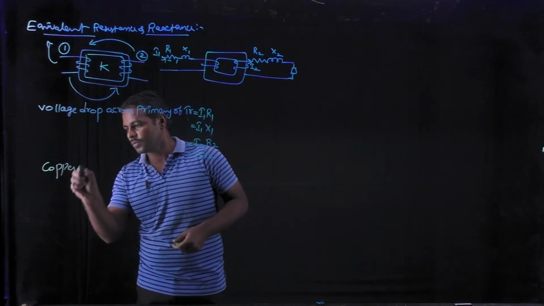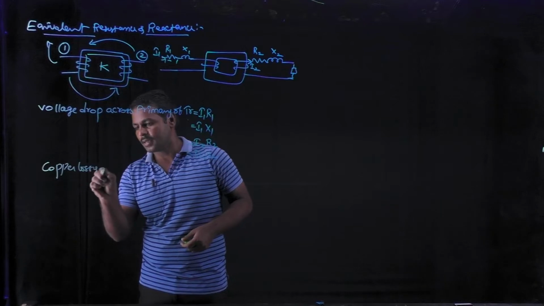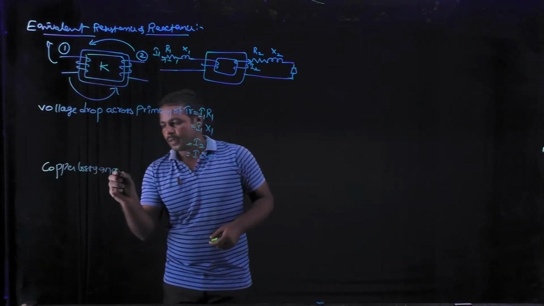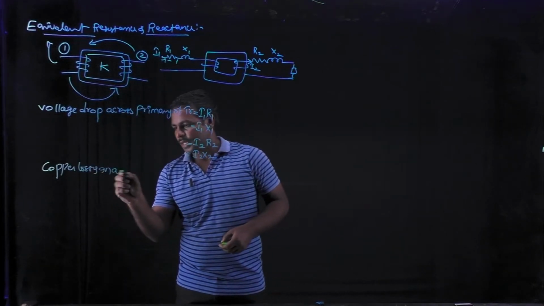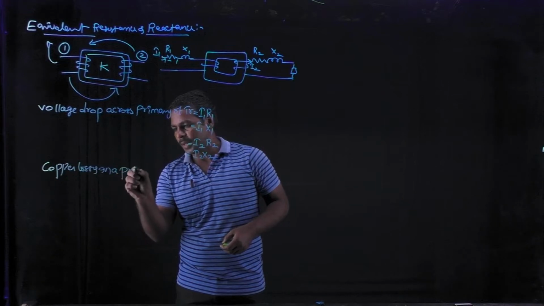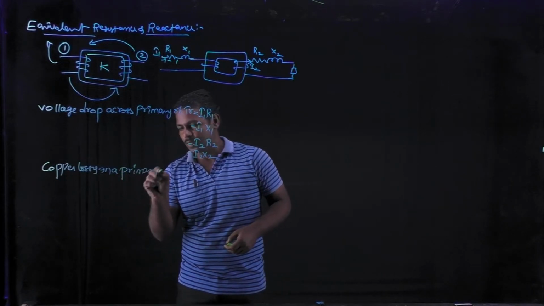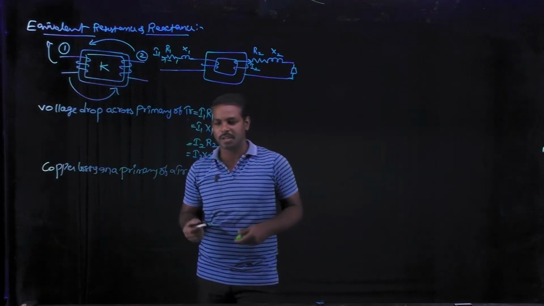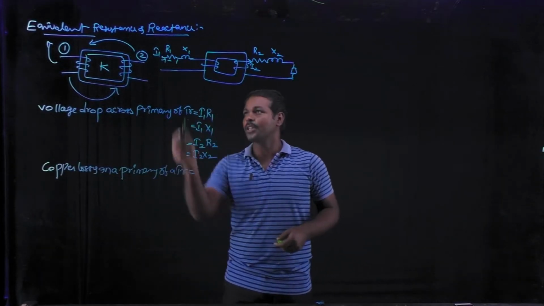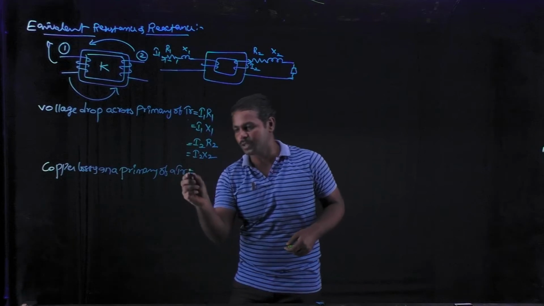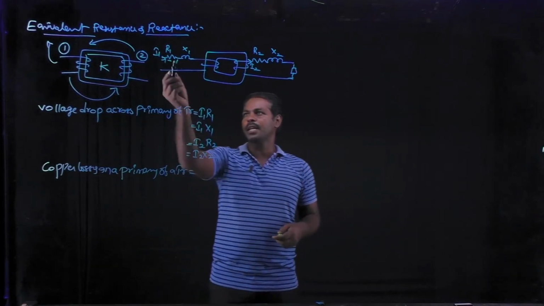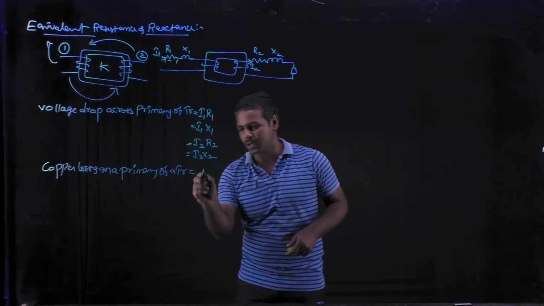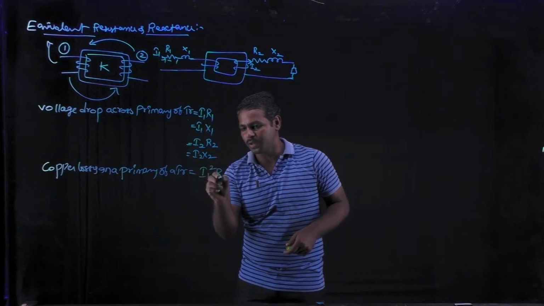Copper losses in the primary of a transformer: copper loss always exists in resistance. The current flowing through the resistance is I1 and the corresponding resistance is R1, so copper loss is equal to I1 square into R1.